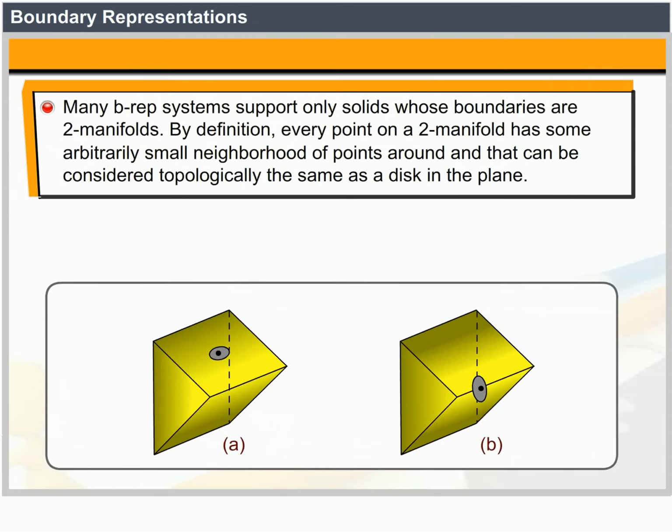B-reps grew out of the simple vector representations used in earlier chapters and are used in many current modeling systems. Many B-rep systems support only solids whose boundaries are two-manifolds. By definition, every point on a two-manifold has some arbitrarily small neighborhood of points around it that can be considered topologically the same as a disk in the plane.